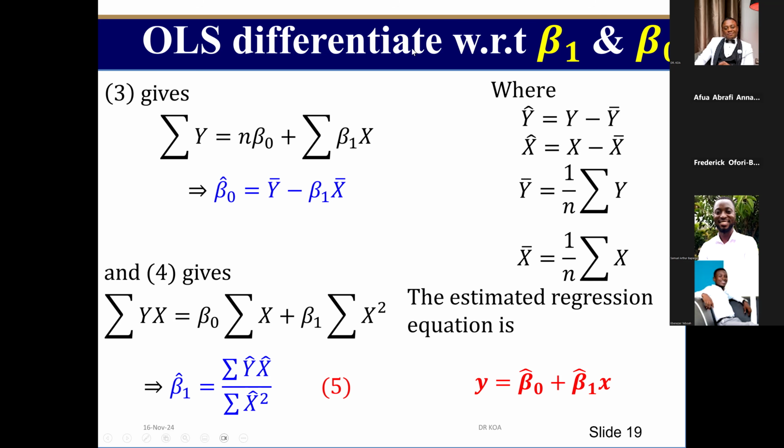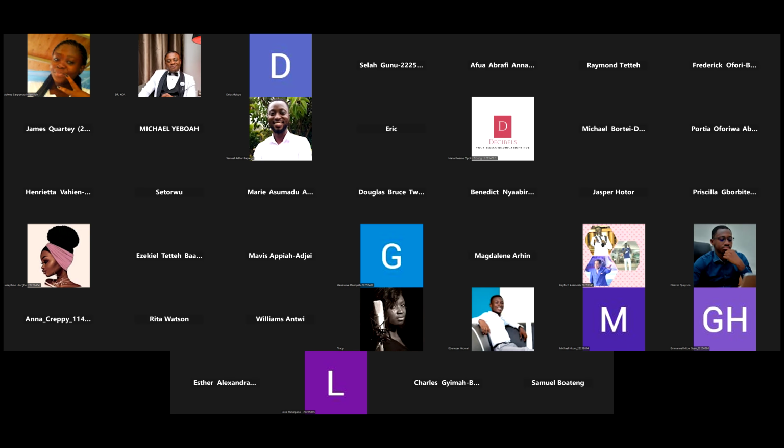Let me just quickly, because I just realized that. Just a second. Where is my Zoom? Oh no. Can you guys hear me? Because I can't see my Zoom. I have so many windows open. Yes, sir, we can hear you.